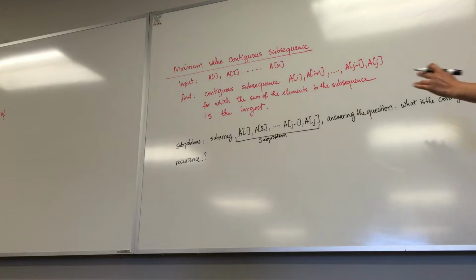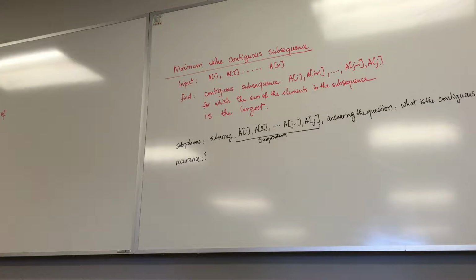And then amongst all those, you're trying to find the contiguous subsequence that's the maximum, but only among the ones that end at AJ. So there could be smaller ones in here that have a bigger sum, but you don't look at those unless it ends at AJ.